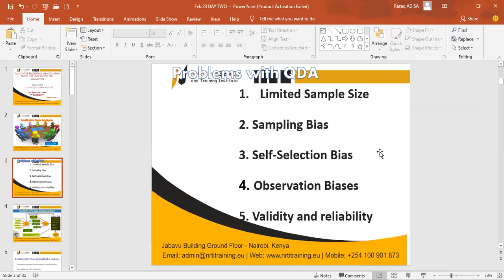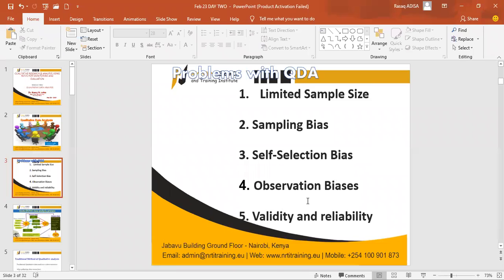You remember yesterday we said one of the strategies to ensure reliability of the data is variation in data collection. That is ensuring that all people that are necessary are picked up and are part of the sample.